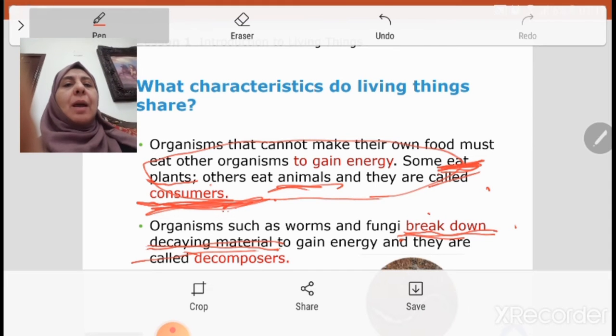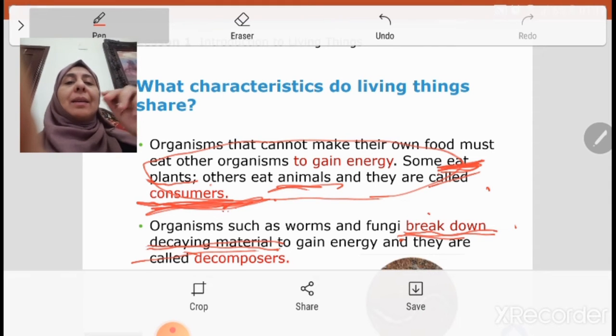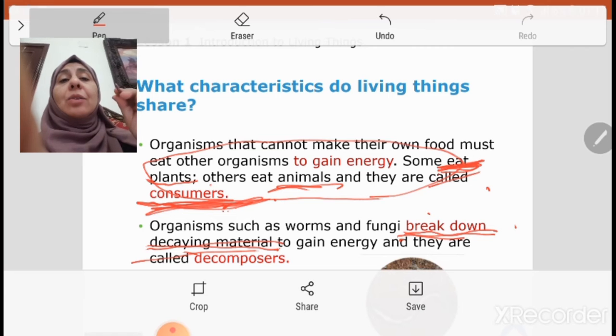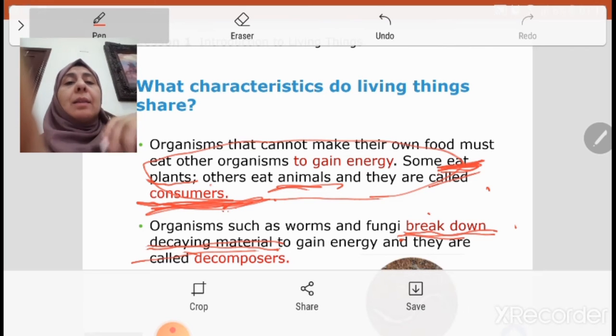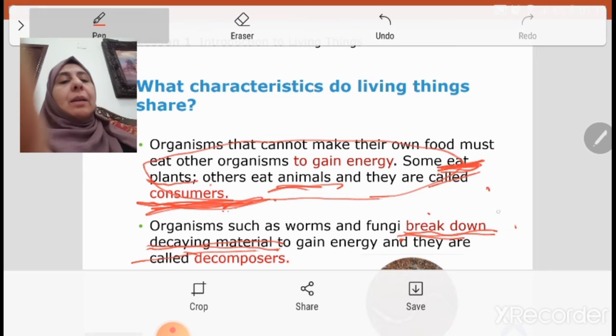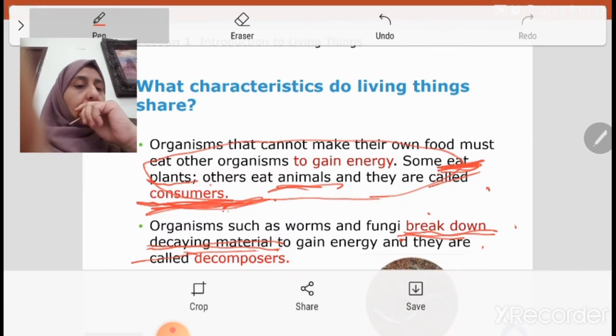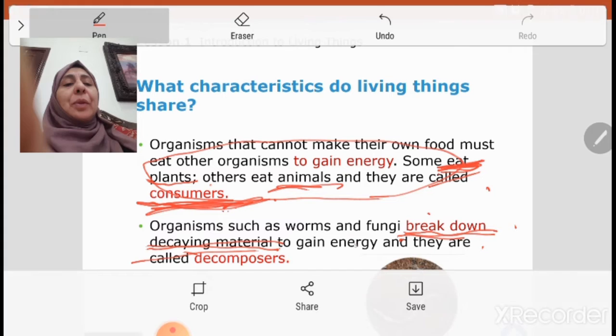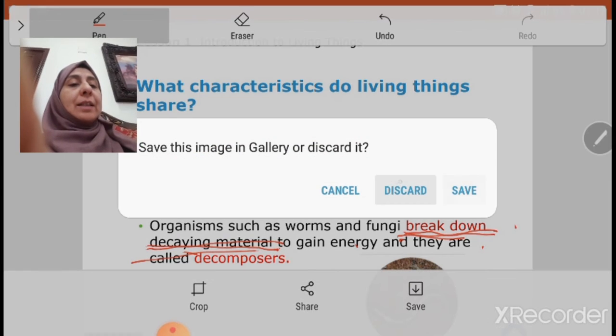After breaking them down, they convert them into nutrients. Then these organisms absorb the nutrients. That's it. What do we call them? We call them decomposers. That's it. Let's go only to the next picture and we are done for today.